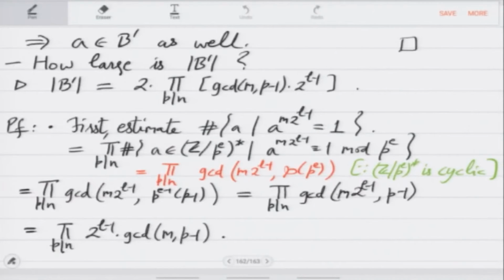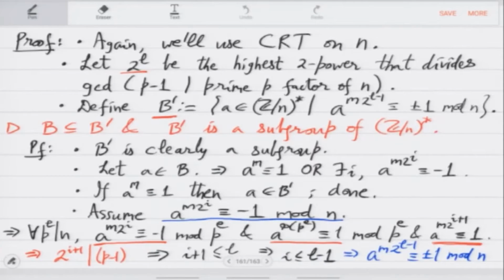So the way we started is we defined this B prime, which is a subgroup of Zn star, and B is a subset of B prime. This we had shown. So we will now focus on upper bounding the size of B prime.